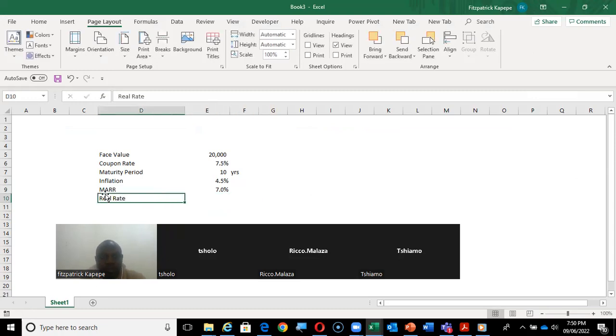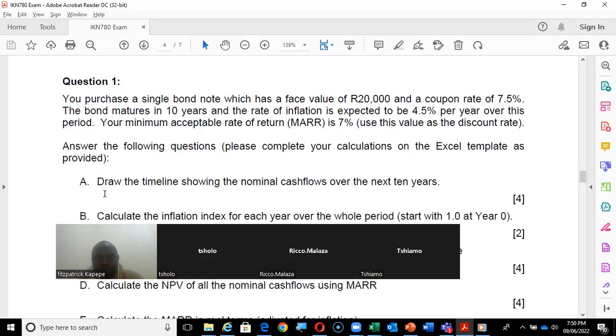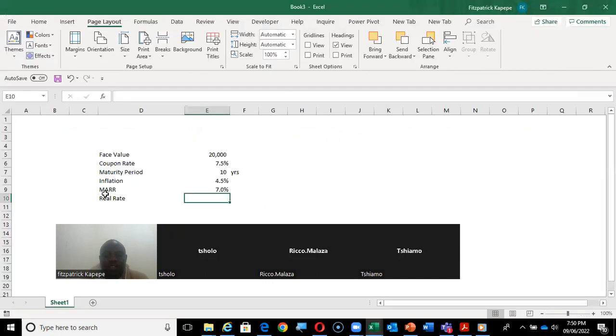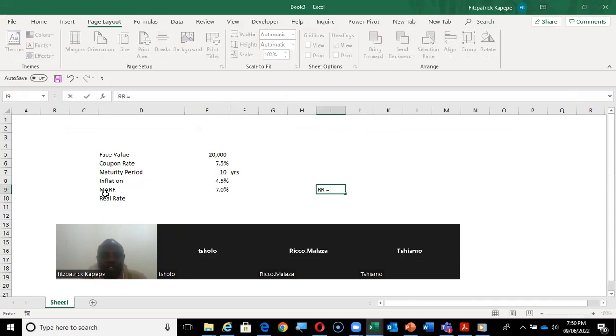We should use the Fisher formula, where the real rate equals 1 plus nominal rate, divided by 1 plus inflation, close bracket, minus 1.